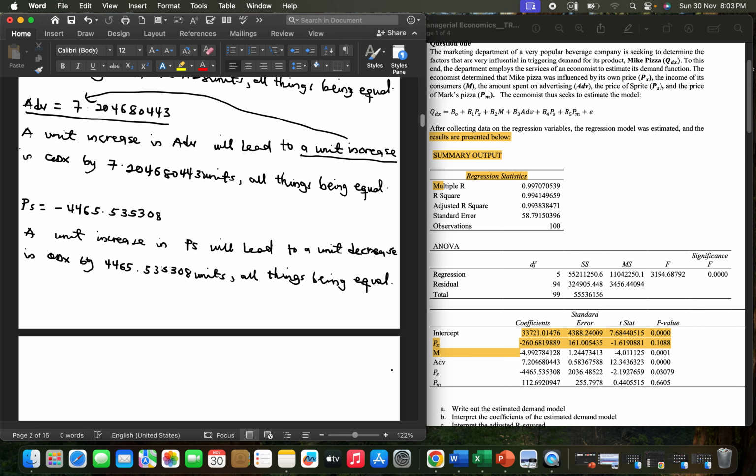So we move to the next variable, PM. It is 112.6920947.